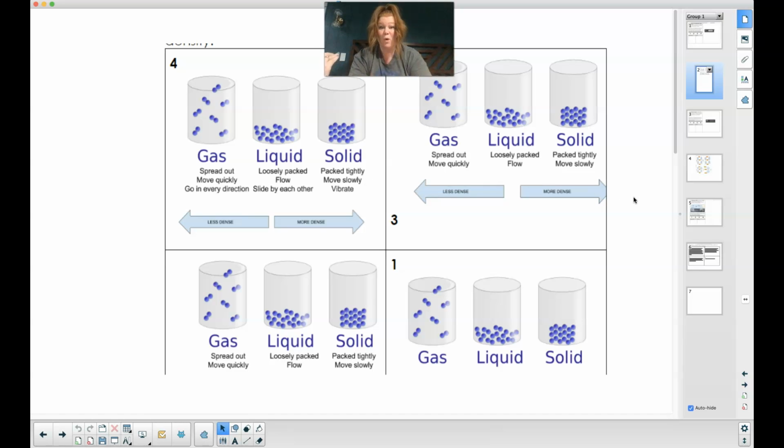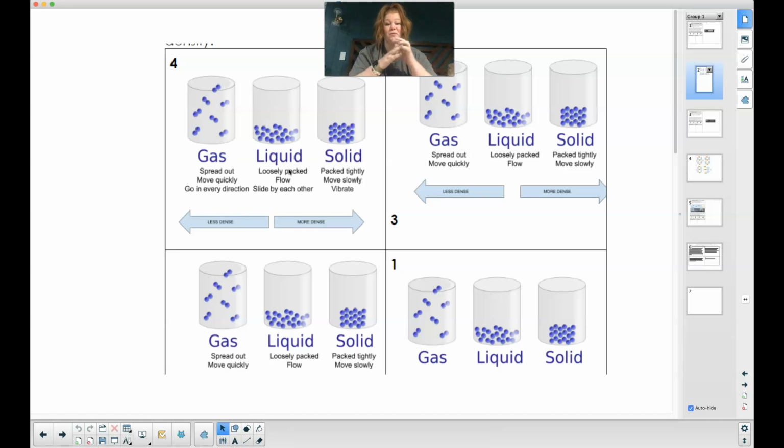And then the 4 made sure we had all 4 parts to that question. So they're spread out, and I show that here. They're moving quickly, and they go in every direction. How do they interact with each other, right? They're pushing out away from each other, and they're less dense than these. A liquid are very loose. So they're touching each other, but they're very loose in there.